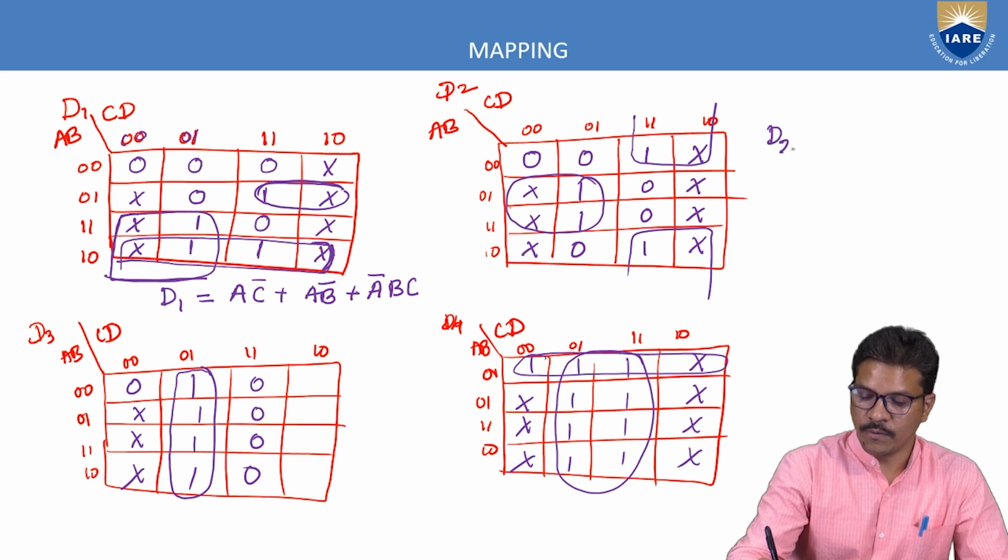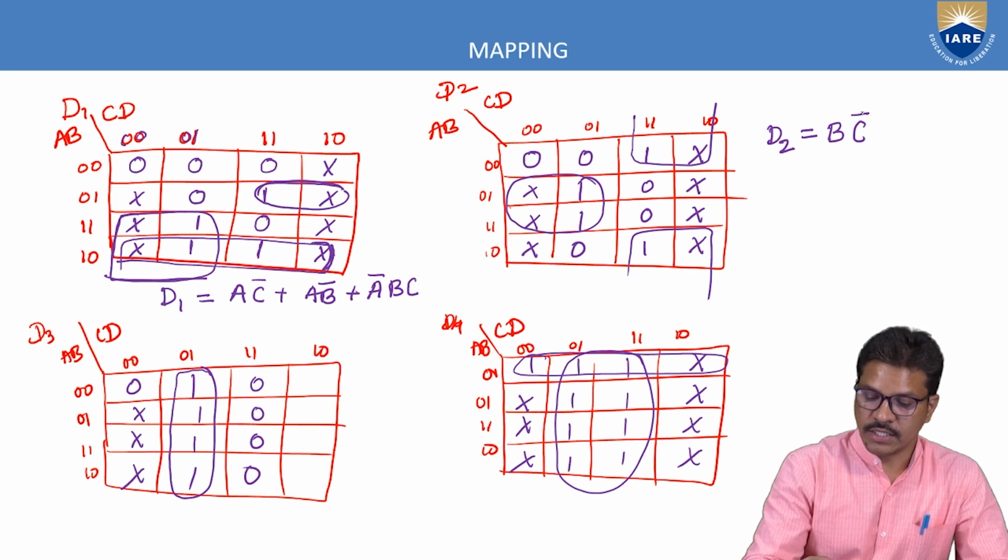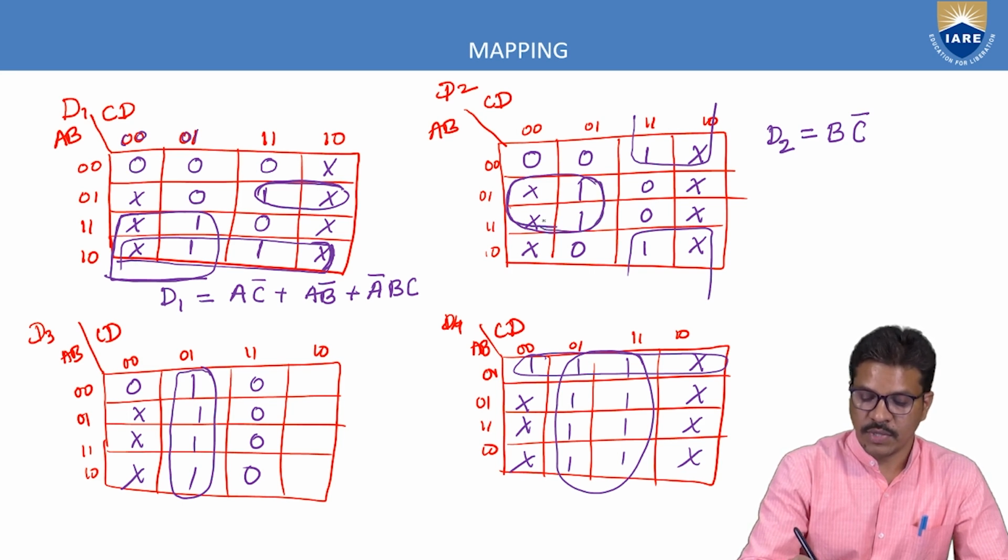Similarly, for D2, you will get B C bar because the common one is row wise. For this one, row wise common is B, 0111 row. B is common, and vertically C bar, plus another quad.